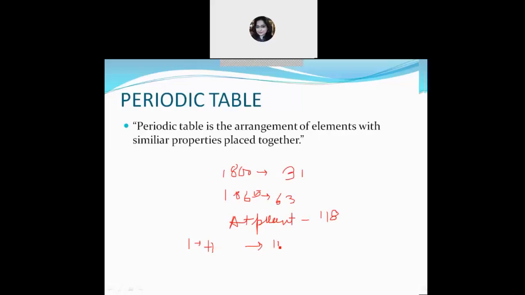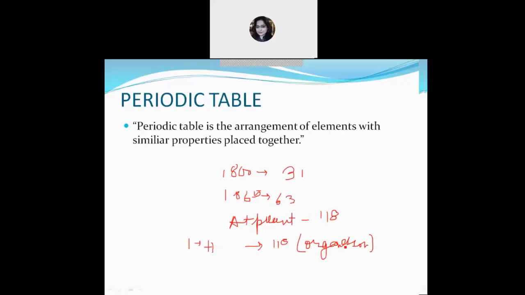The 118th is a noble gas named Oganesson. Elements 113, 115, 117 and 118 are the most recent discoveries and were officially confirmed by the International Union of Pure and Applied Chemistry.